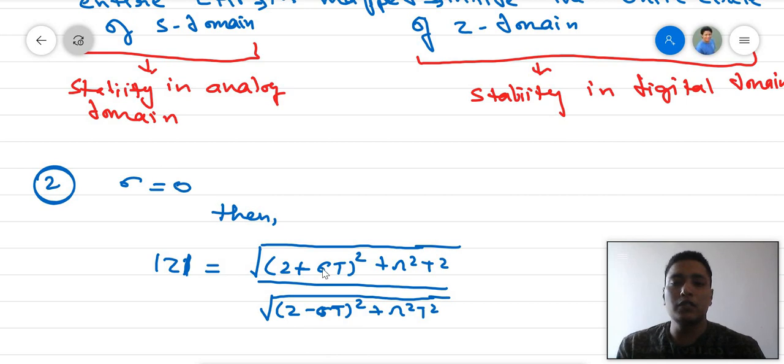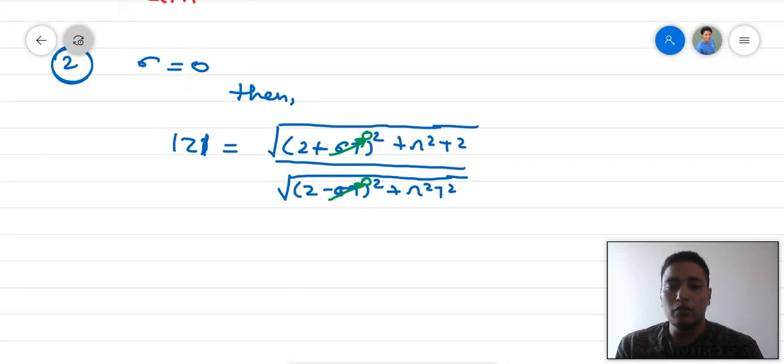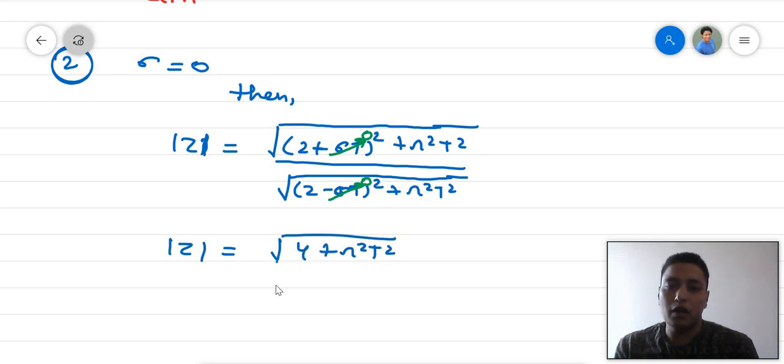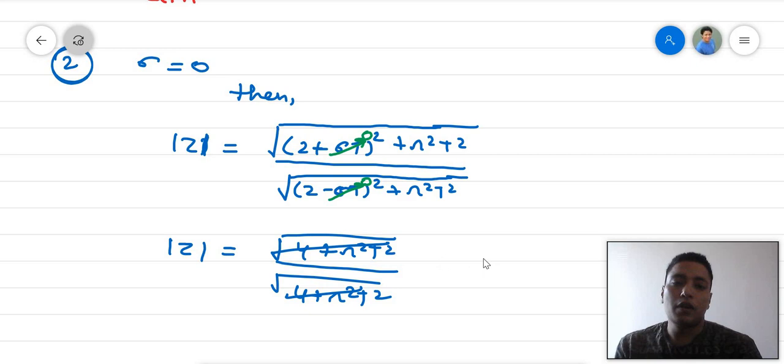Now at sigma equal to 0, the sigma terms will be 0, leading to mod Z equal to the square root of 4 plus omega square T square over the square root of 4 plus omega square T square, which cancels out and we get mod Z equals 1.